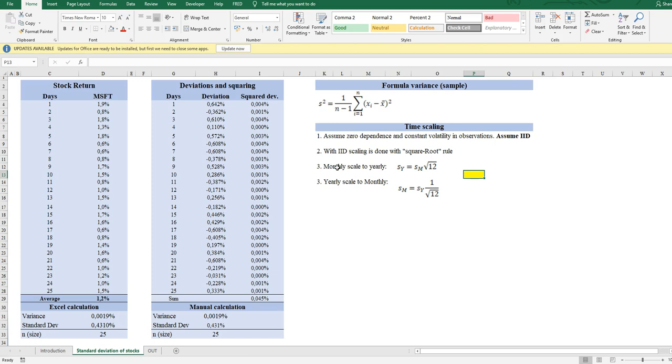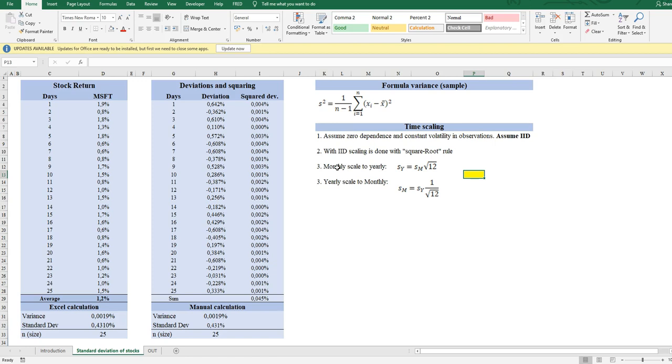So we assume basically that the time series that we have constitute a sample that is taken from a distribution on each period, on each observation, and that the observation outcomes are independent and they have the same distribution.